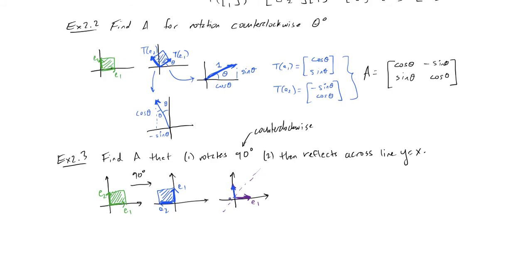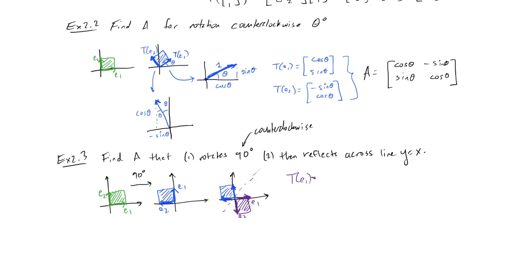So that's my old one, and then my old E2 goes down here. So this is my resulting box here. Okay, so that's the path of E1 and E2. We charted what happens to E1 and E2.